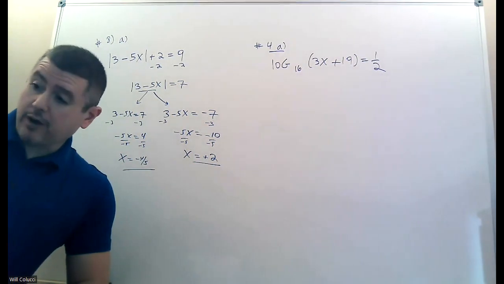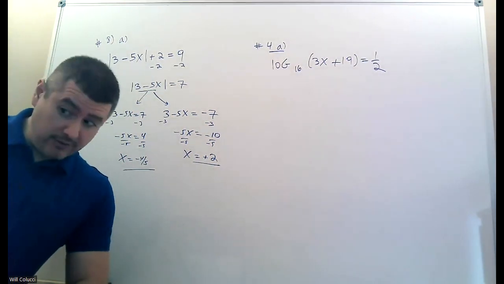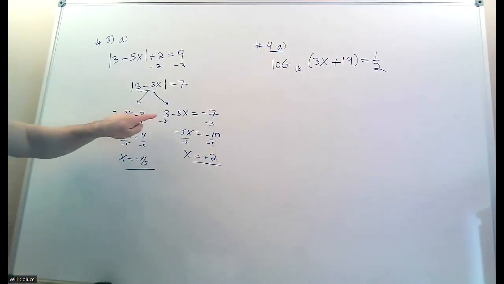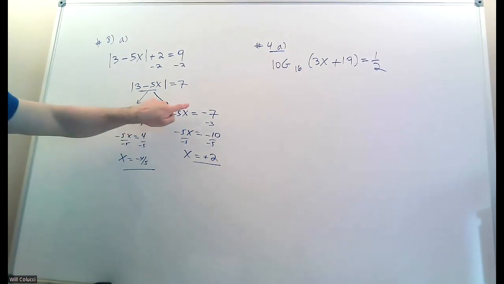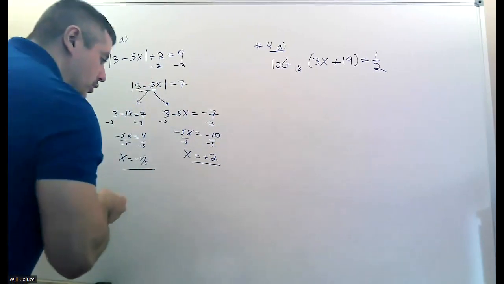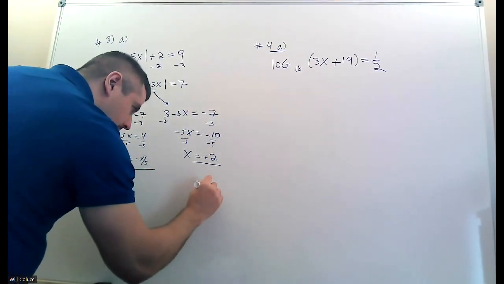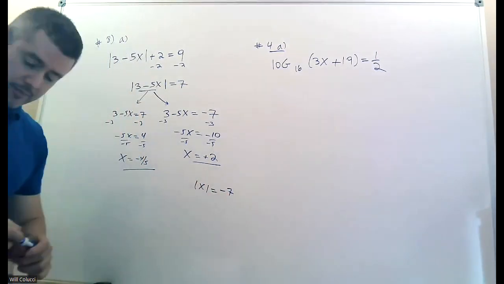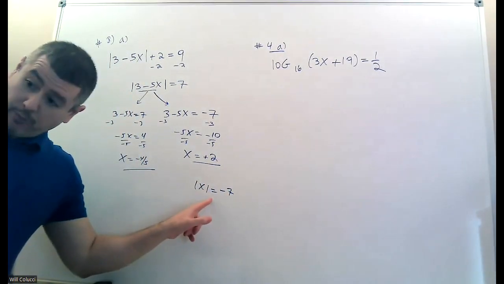Just make sure when you drop the bars, you get a plus, you get a minus, right? The bars do not go here. You cannot put bars here. The absolute value cannot be negative. The number in there can be negative. But you can't have this. This doesn't make sense.